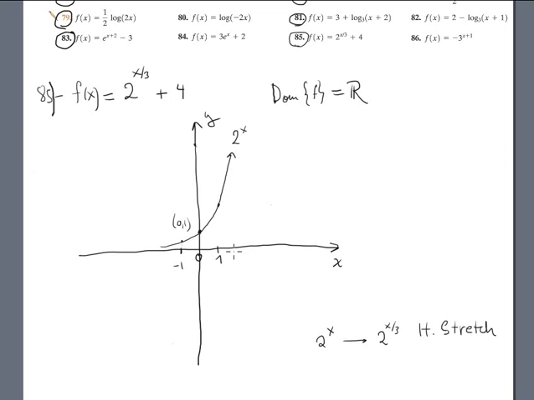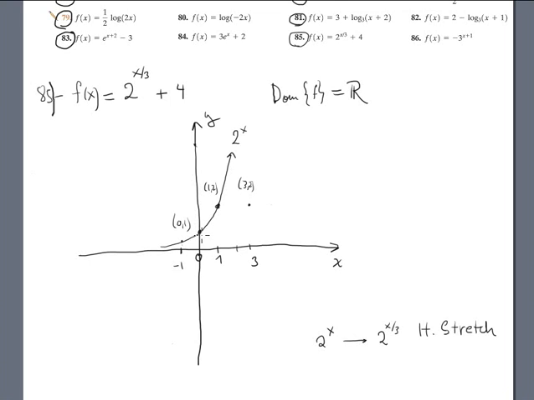Because suppose you put in 3 here, 3 divided by 3 is 1, so the answer is the same as putting in 1. So this point, normally (1, 2), right now would be (3, 2).